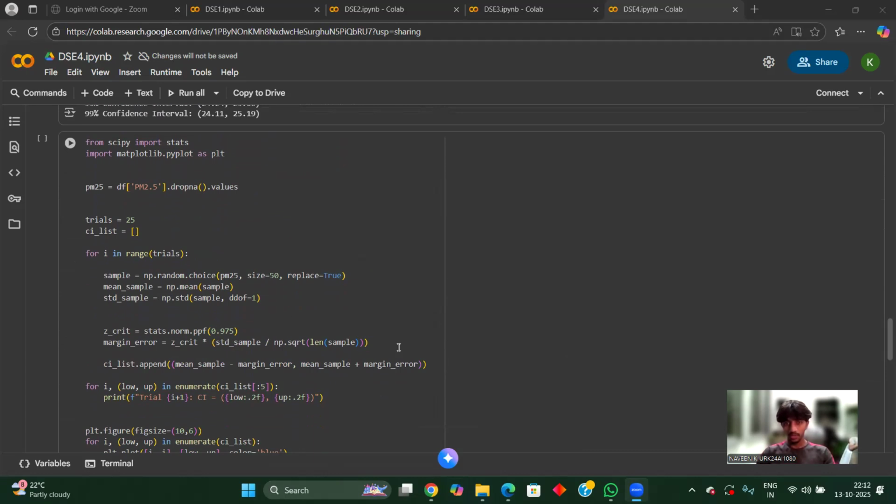For each sample, we calculate the sample mean, standard deviation, and 95% confidence interval. All 25 intervals are plotted using matplotlib. This visualization demonstrates the variability of sample means and how confidence intervals can differ from sample to sample, even if drawn from the same population.